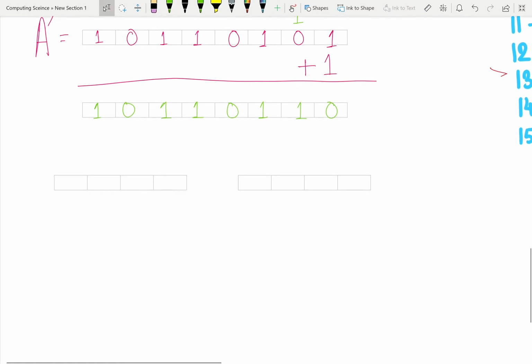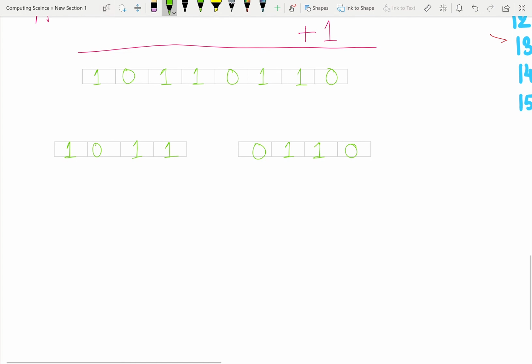After this, the very simple task is you take the number and that's what you have to do. And I believe that's enough. But as we are also converting into hexadecimal, we do 2 to the power 3 plus 2 to the power 1 plus 2 to the power 0.